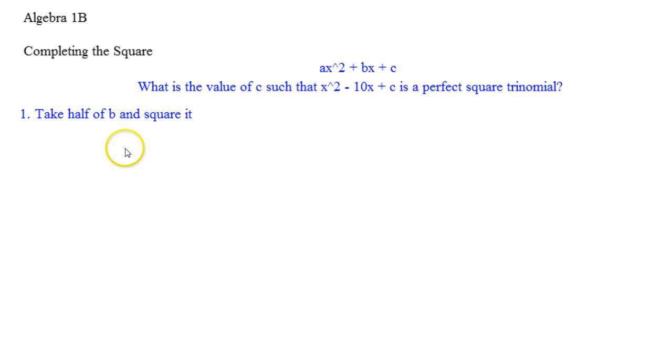That's the important part. Half of b is negative 10 divided by 2, which is negative 5, and then we square that. That should be 25, and this will always turn out to be a positive number.